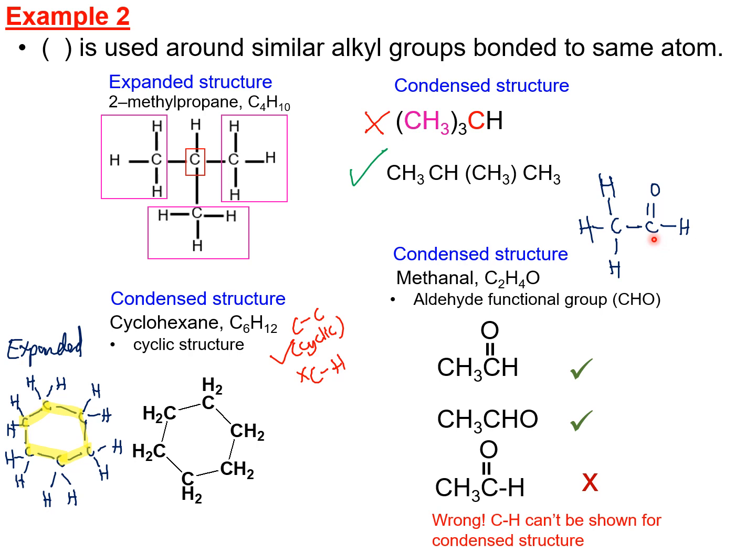And this carbon already has its 4 covalent bonds. So when you want to expand it, you can expand this one. You cannot show the carbon-carbon single bond and carbon-hydrogen single bond. So that's why we condense CH3 and condense the bond between this carbon and that carbon atom. So it becomes CH3 C double bond OH.